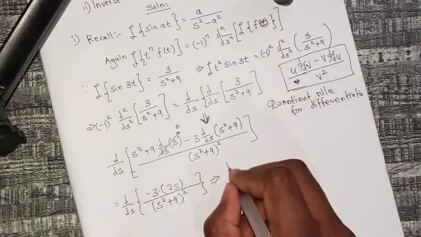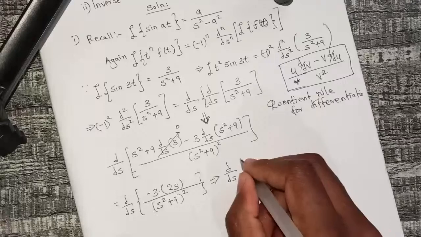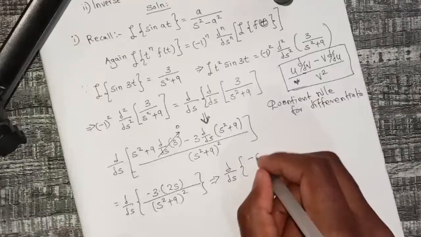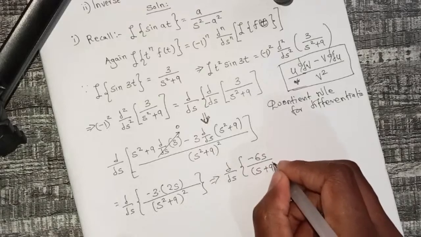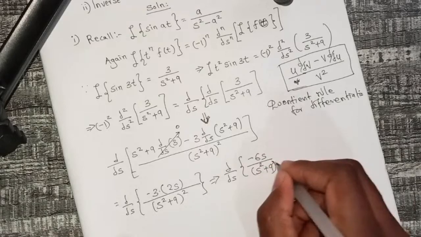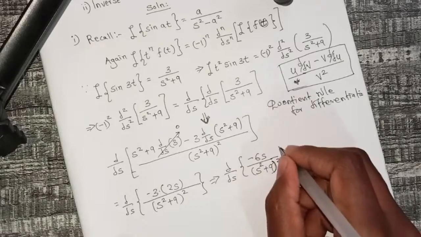This is equivalent to d/ds of minus 6s over (s squared plus 9) squared.